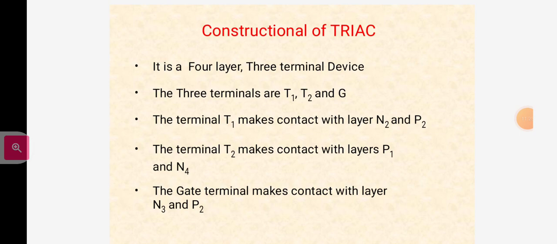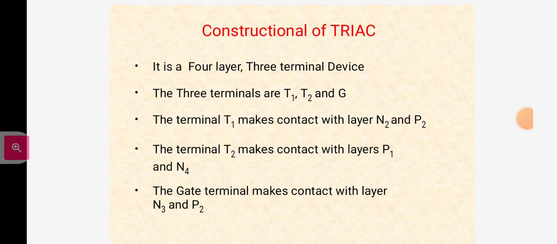It is also a 4-layer, 3-terminal device. The 3 terminals are T1, T2 and G. The terminal T1 makes contact with layers N2 and P2.